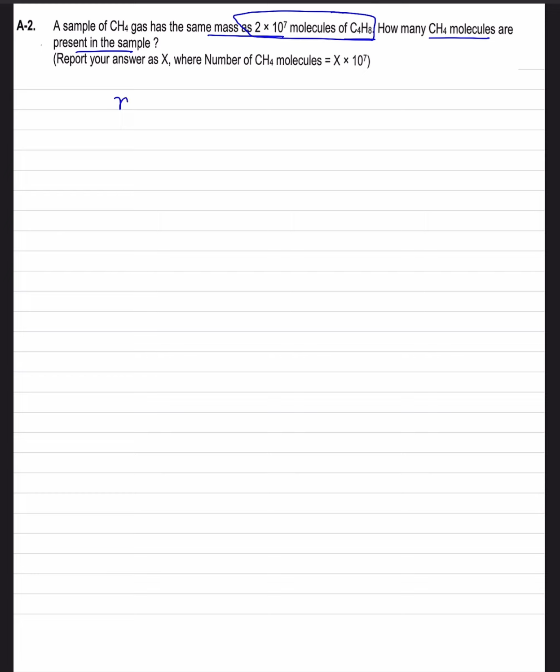Yes. So moles of C4H8, how much? That will be 2 into 10 power 7 by Na. Yes or no? Okay. Now we get the moles. So from the moles, can we get the weight? Yes or no? Yes.